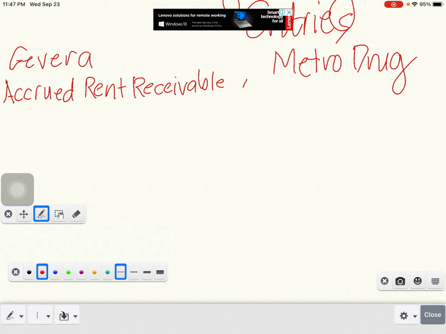Since this is yet a pro forma journal entry, pro forma meaning format only, there are no amounts yet. So you would use XXX. Some books would use only 2x, but I prefer to use 3x. So that is also his income, rent income.